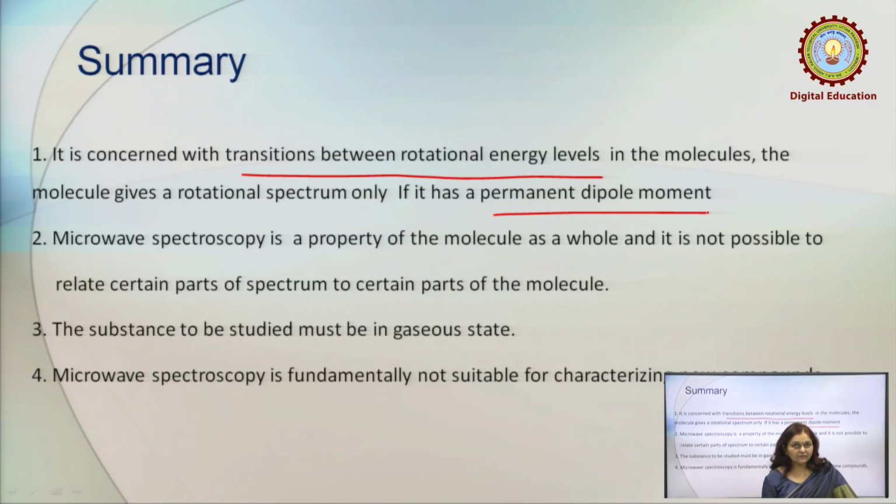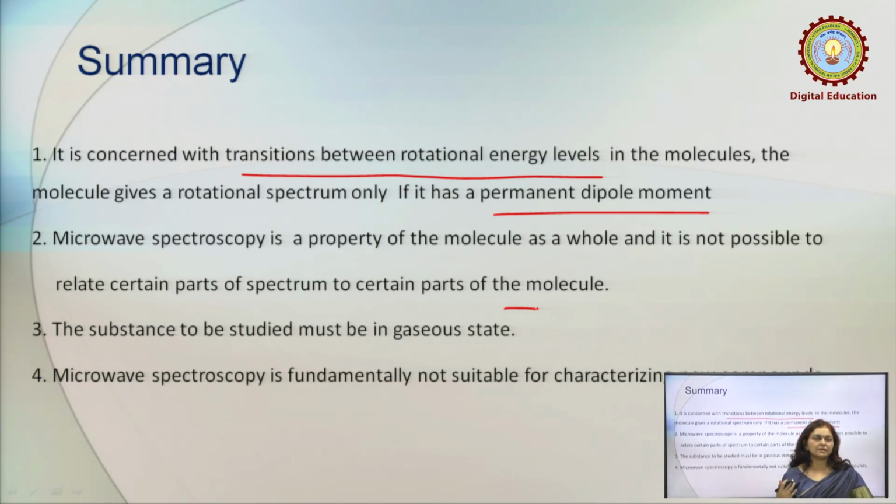Microwave spectroscopy is a property of the molecule as a whole, and it is not possible to relate certain parts of the spectrum to certain parts of the molecule. It is not in the form of fragments.